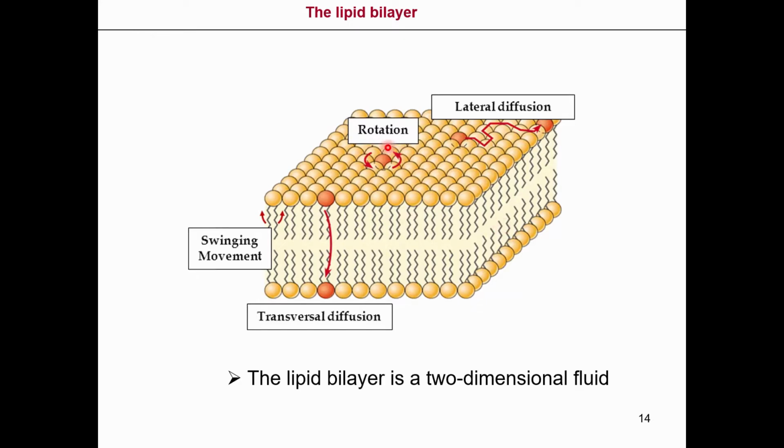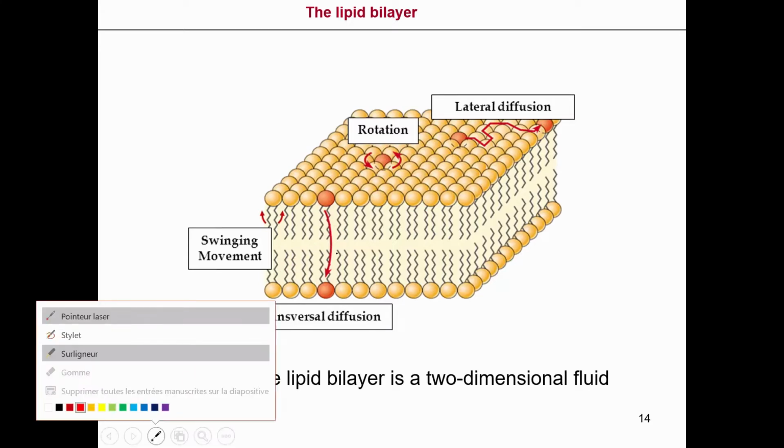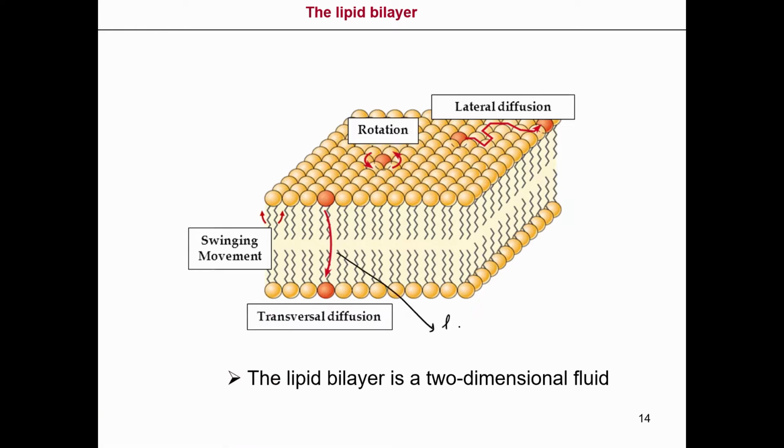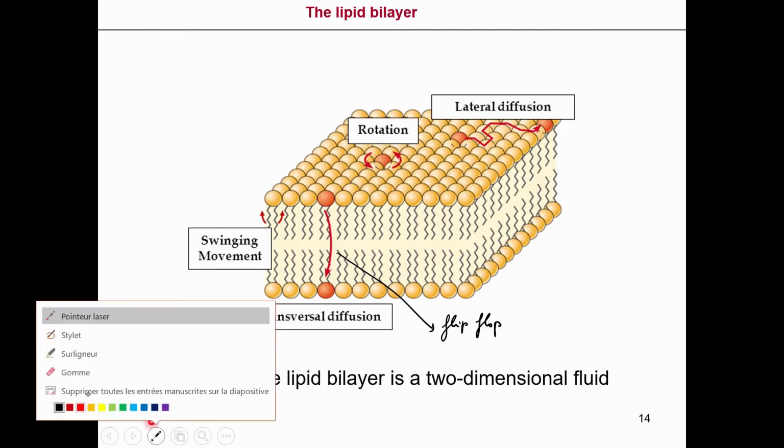You have the rotation of the phospholipid, okay? You can have what we call the flip-flop movement. It means that one phospholipid on the top monolayer can go to the bottom monolayer.